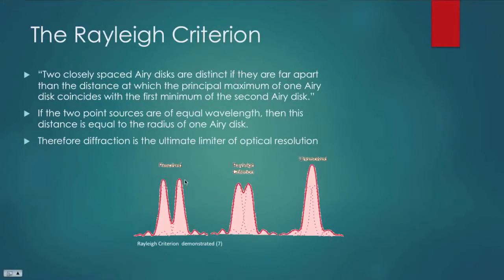When you have two point sources and when the point maxima are beyond the distance of the Rayleigh criterion, the details can be resolved, and as these two points move close enough where one of the point maxima overlaps the minimum of the second Airy disk, this is what we call the Rayleigh criterion, and that's the minimum distance apart where two points can be resolved.